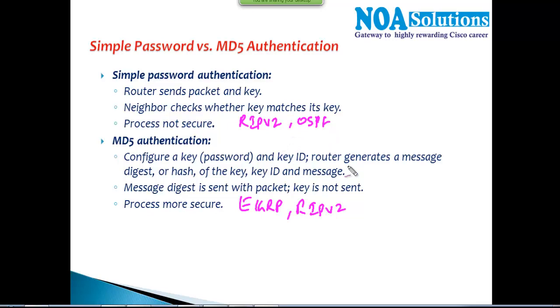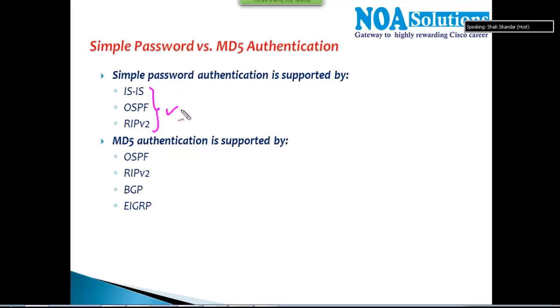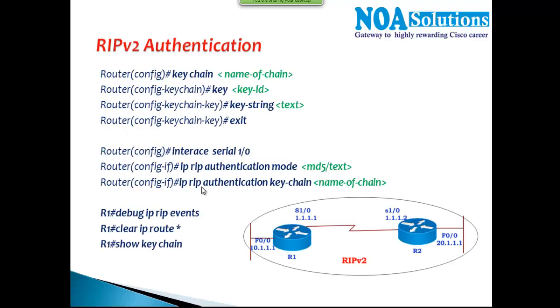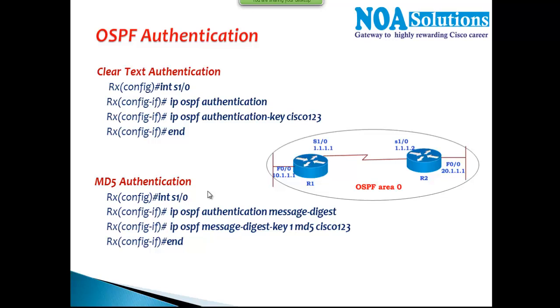OSPF also supports both, and BGP supports only MD5. Protocols like OSPF and RIP support simple password authentication as well as MD5 authentication, whereas EIGRP and BGP only support MD5. In our next videos, we'll see how to implement RIP authentication, EIGRP authentication, and also OSPF authentication with practicals.